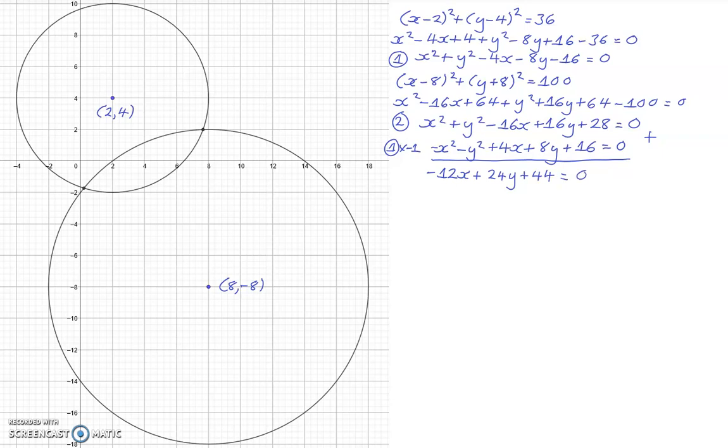Now if you rearrange that to make x the subject, this gives x equals this. Now I'm going to substitute this into equation 1, so sub into equation 1, and this will give this.